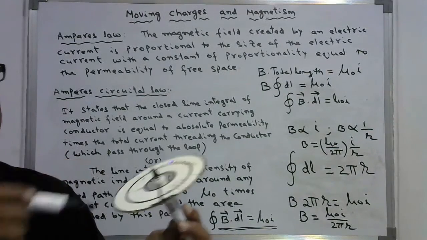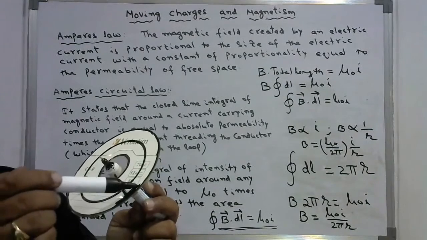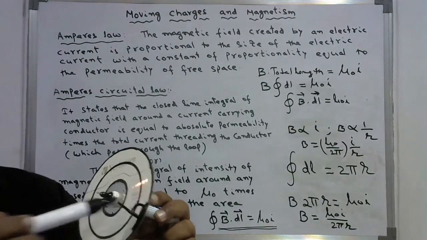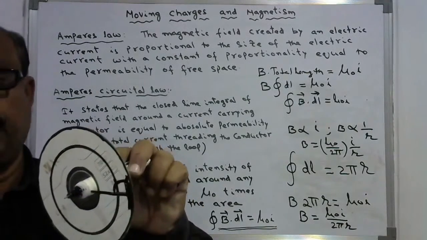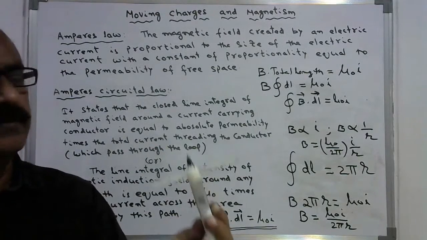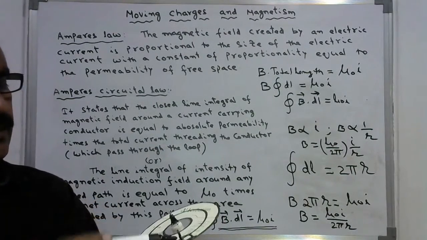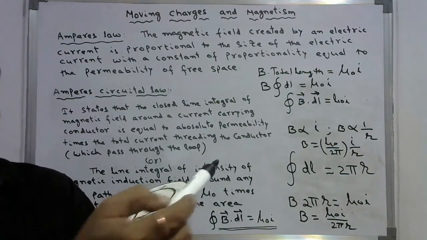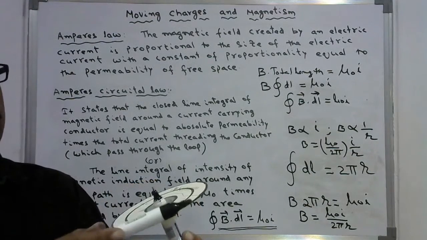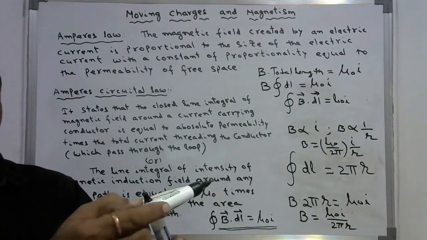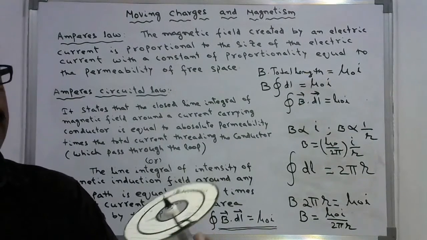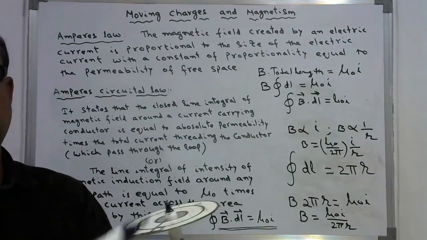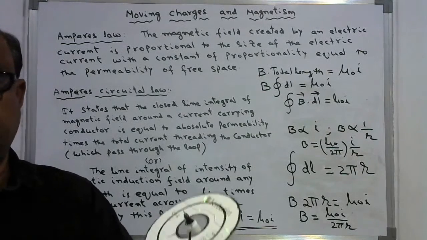I just consider a small element like this, and what is the angle between these two? It is 90 degrees. Element and the position vector, it is 90 degrees. And the magnetic field is also in this direction. This is the magnetic field direction when it comes to this point. So all these magnetic field elements are coplanar, parallel to the plane and perpendicular to its position vector at any point.